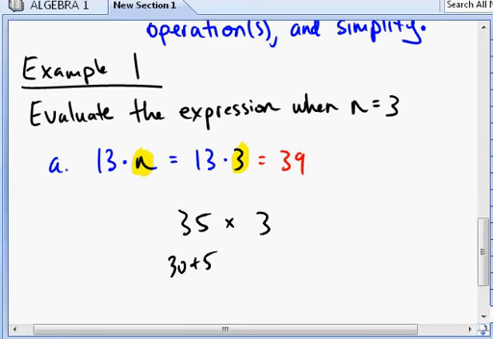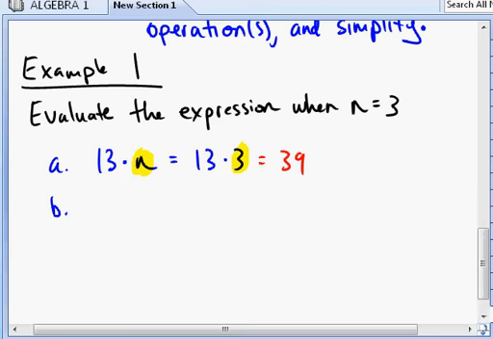So these are easier to do. 3 times 30, can you do that in your head? 90. So 3 times 30 is 90. 3 times 5 is 15. And you just have to be able to add 90 and 15. 90 plus 15 is 105. Well, yeah, but this way, if you want to do it in your head, this is just a math technique. All right. Back to the example one.